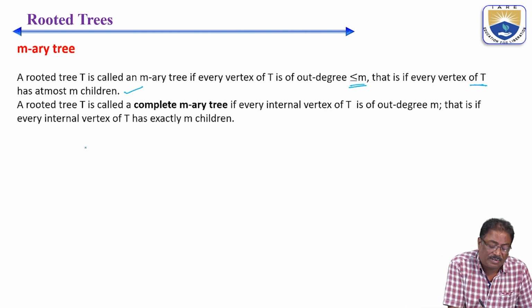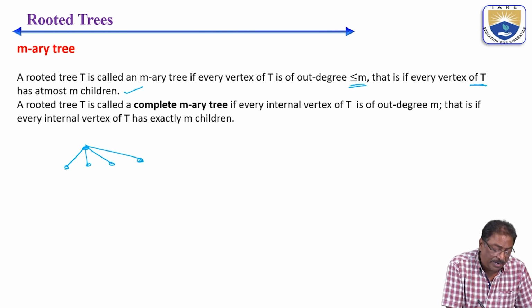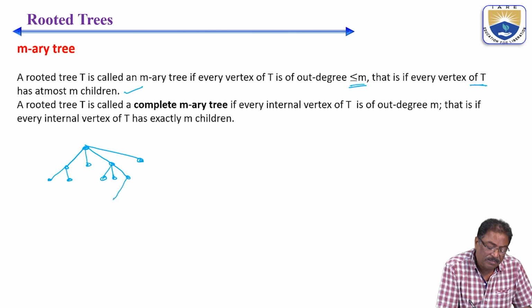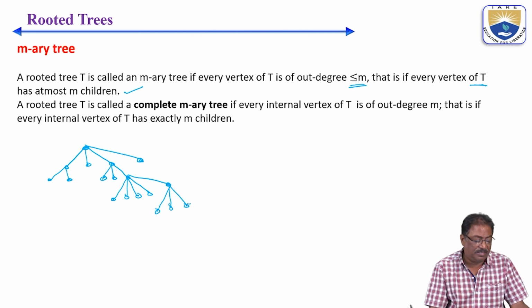Suppose I am just taking one example. This is having 4 children. And now let us say this is having 2 children. And this is having, let us say, 3 children. And next, this is having, I am just taking 5 children. And let us say this is having only 3 children.